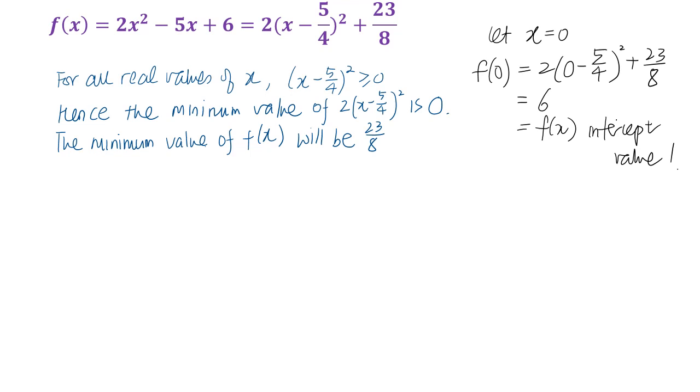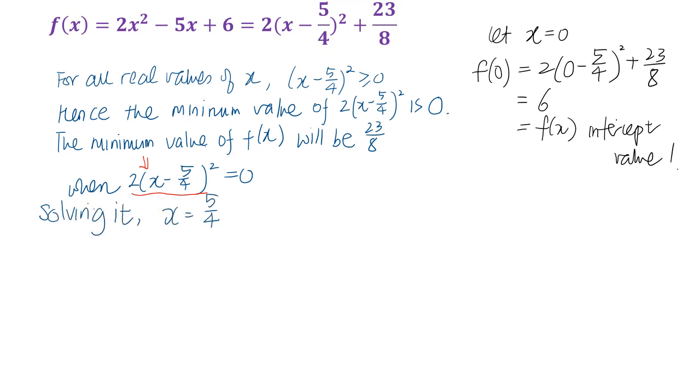That means if you were to replace your f(x) with y, the smallest value of y will be 23 over 8. And we want to find the corresponding value of x. So the corresponding value of x is when we let this one equal to 0. Okay, because the minimum value 23 over 8 is reached when I let this value here that I put the red arrow on equal to 0.